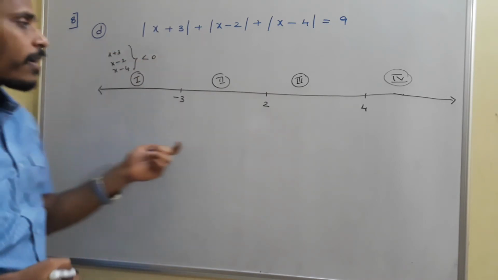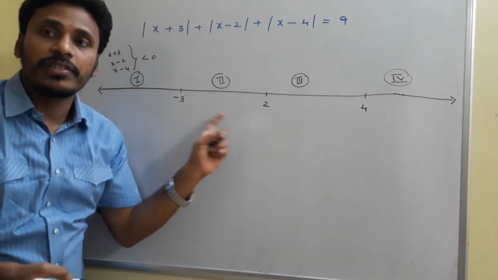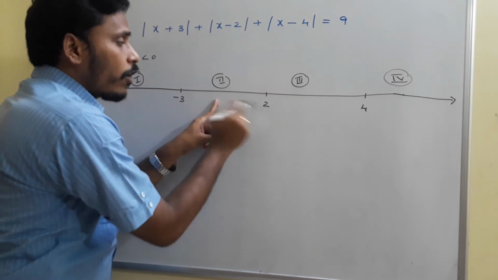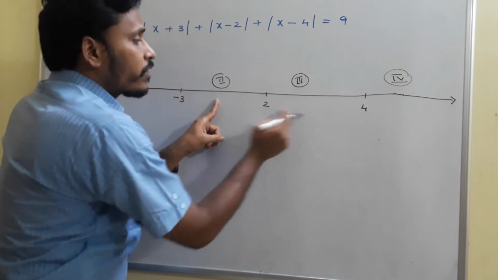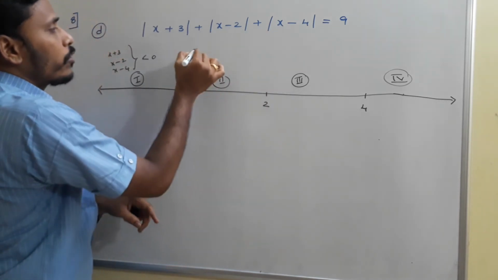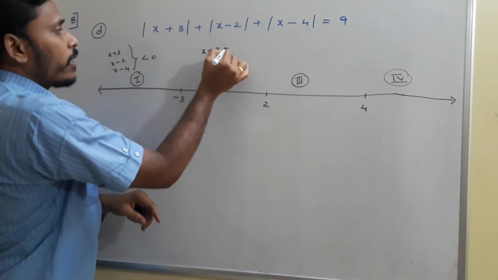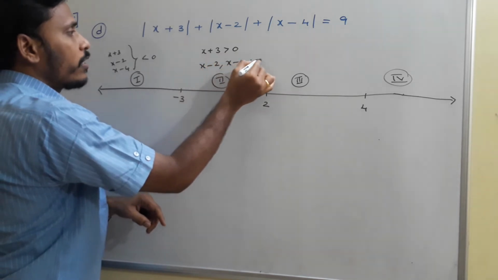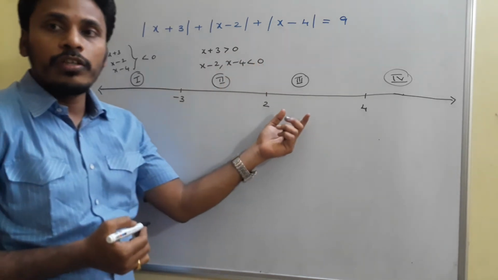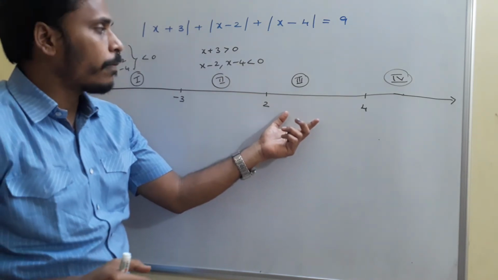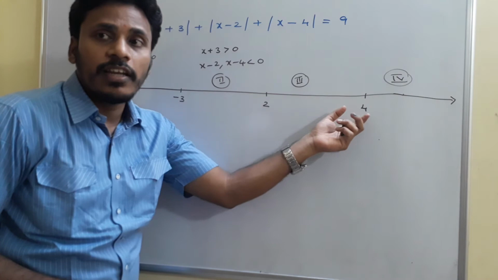Whereas coming to the second case, which is in between minus 3 and 2: if you take an x here, that x is on the left side of 2 and 4. Since it is on the left side of 2 and 4, only these two are negative, and the other becomes positive. So x plus 3 is positive, x minus 2 and x minus 4 are negative. Then in between 2 and 4, this region is on the left side of 4.